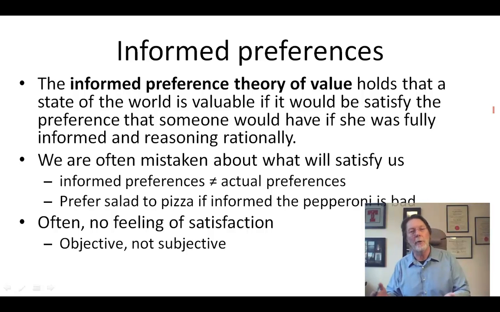If you're not informed that the pepperoni is bad, you might want that slice of pizza. If you are informed the pepperoni is bad, you might prefer salad instead. The preference that you would have if you knew everything may be different from your actual preference. So if that's satisfied, you won't get any sort of feeling of satisfaction. So informed preferences are not the same as the preferences that are talked about by the economic utilitarian.